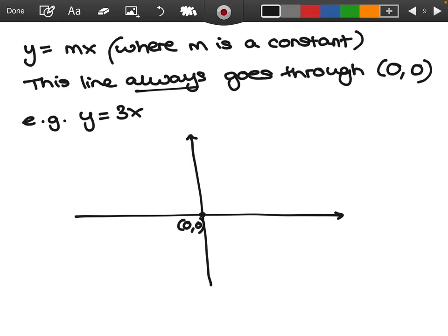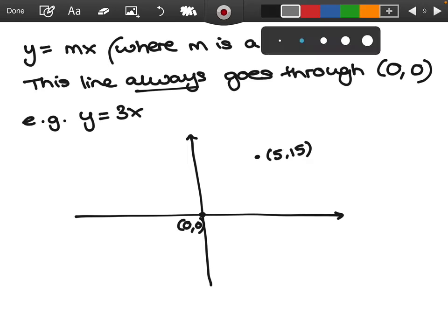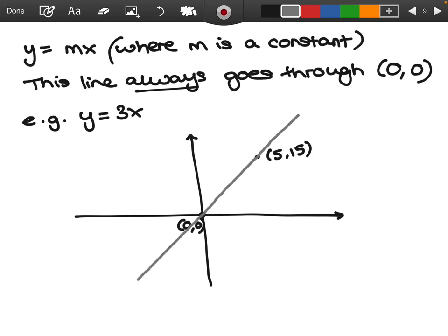Another point on this line, if you were to plot it out, would be, for example, 5, 15. When x is 5, y is 15, okay? You can join those two up and then extend the line in both directions. And that would be the graph of the line y is equal to 3x. Okay, as I said, it only has to be a sketch. You do not have to do this accurately, but convention is that you plot out 2 points on a line and then join them up and extend them in both directions, and that will give you enough of a sketch of a line.